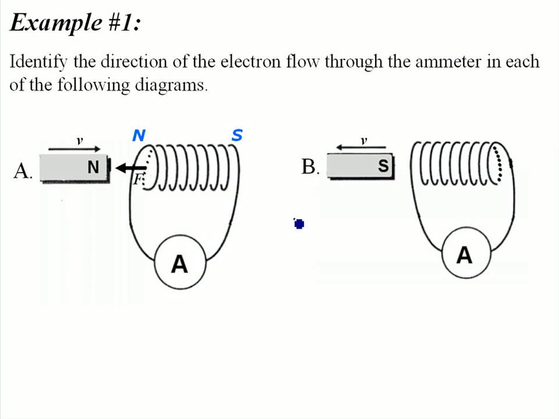If the velocity is heading in towards the coil, then the force has to oppose it. And there's where the black arrow comes from. Since to create a force to oppose it, if it's a north pole coming in, that means it has to be a north pole of the coil to create that force to repel.